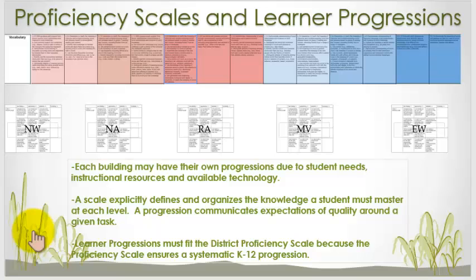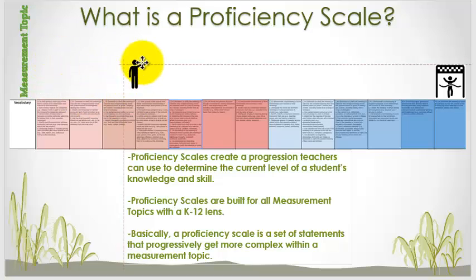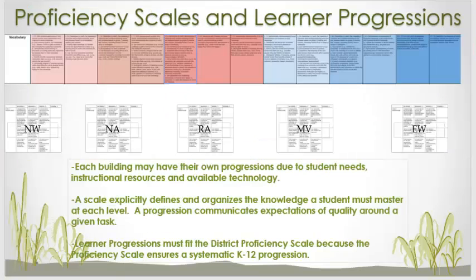That may mean we have to tweak and modify ours a little bit, but that is an extremely important step in the process, because we want to make sure that these little guys in our classrooms are making the adequate progressions that they need to ensure that they reach mastery level at the end of all of this.